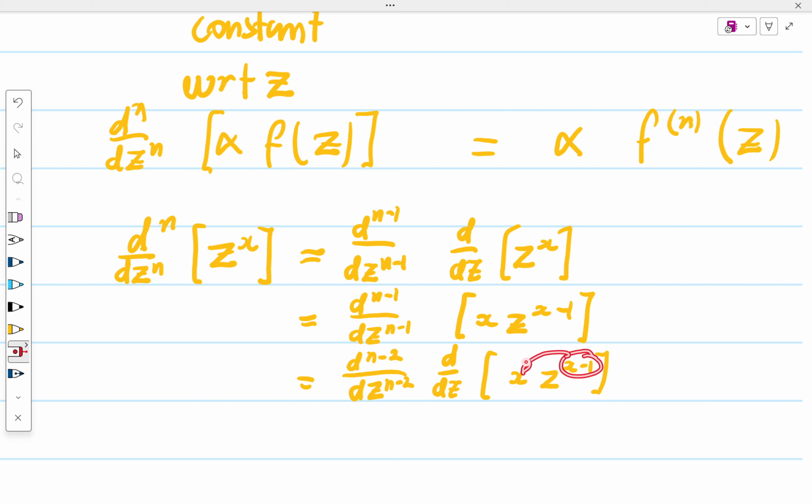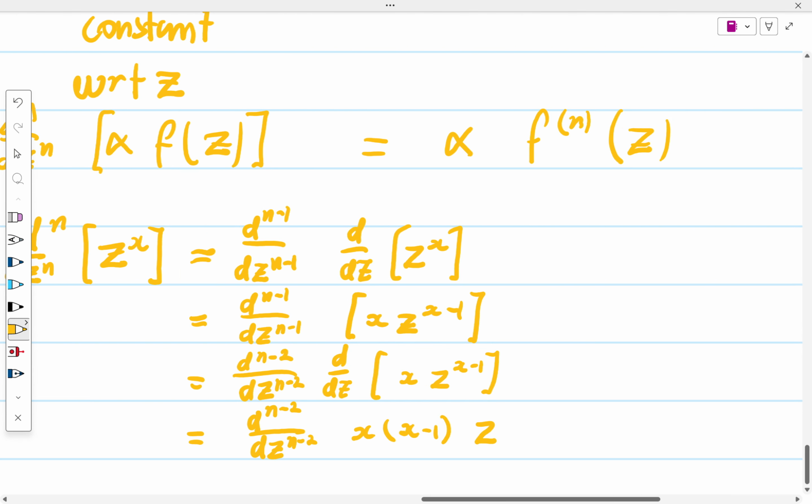We bring the power down the front, and take 1 off the power. So this still becomes dn minus 2 on dz n minus 2 of x times x minus 1 times z to the x minus 2.